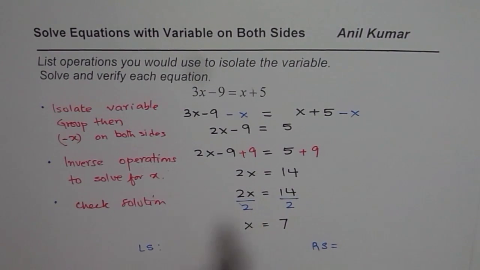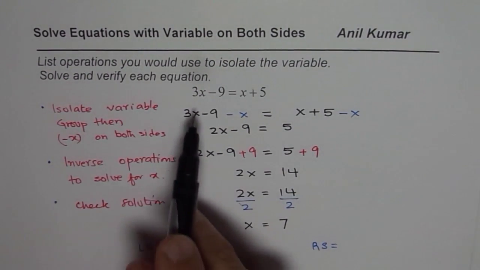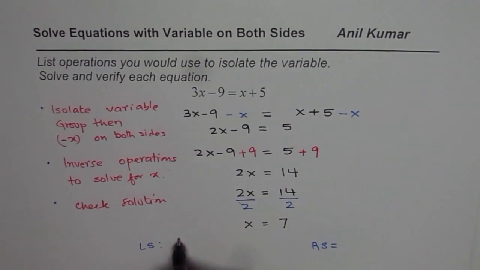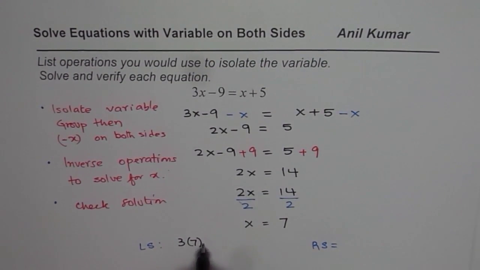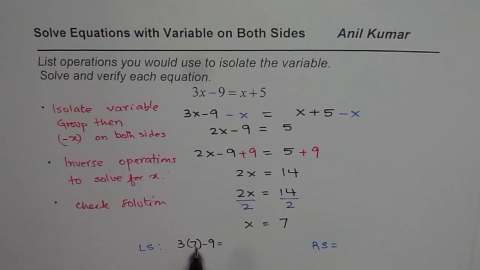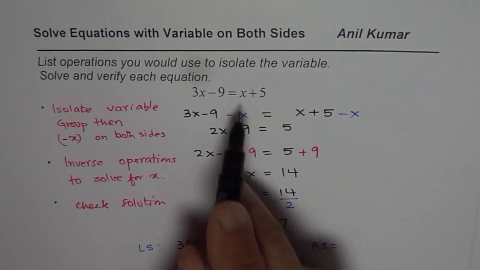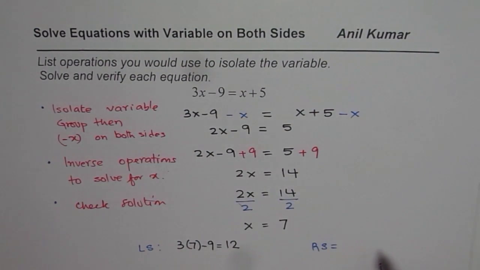On the left side we have 3x minus 9 where x is 7. So we'll do 3 times 7 minus 9. 3 times 7 is 21, and when you take away 9 from 21, you get 12. So we get 12 on the left side. On the right side, we have x plus 5. x is 7. 7 plus 5 is 12.